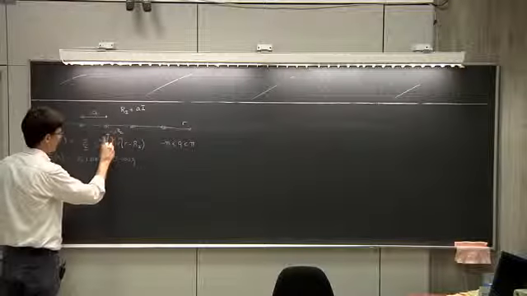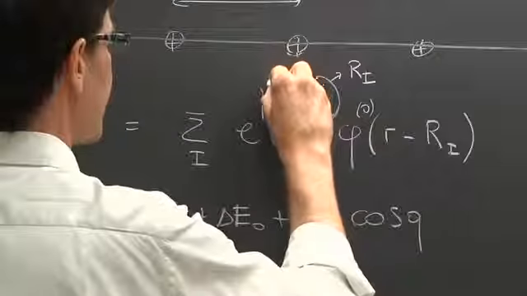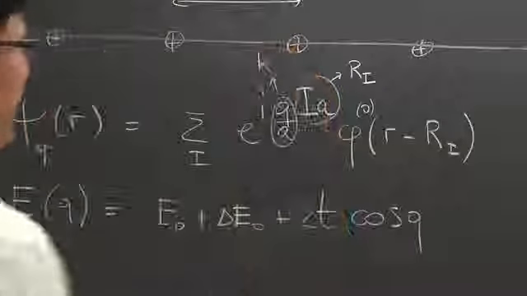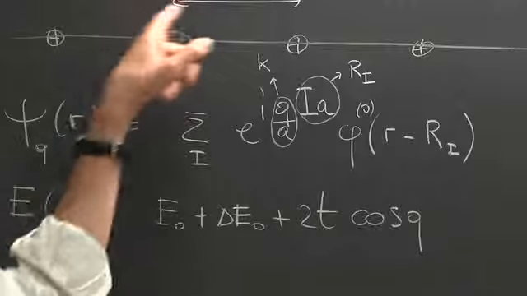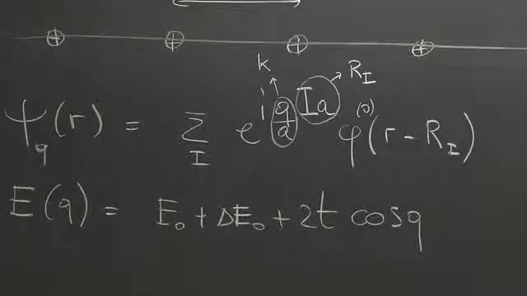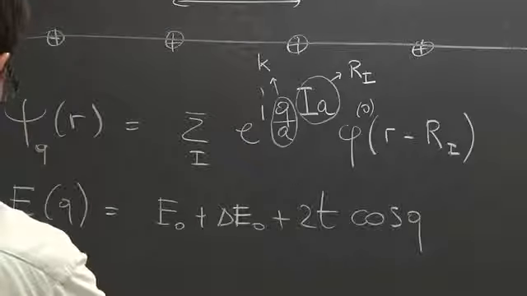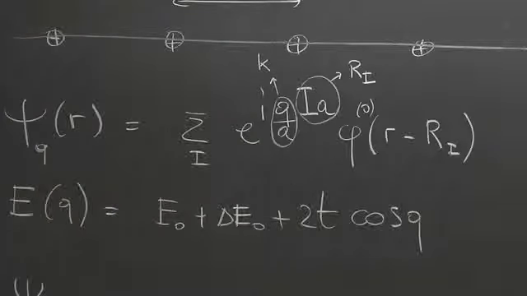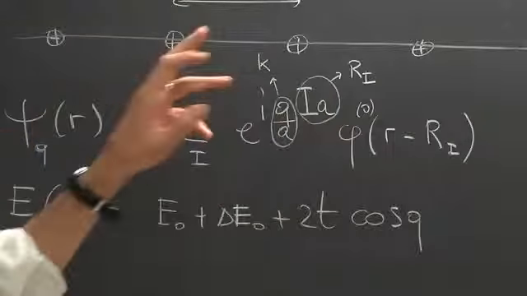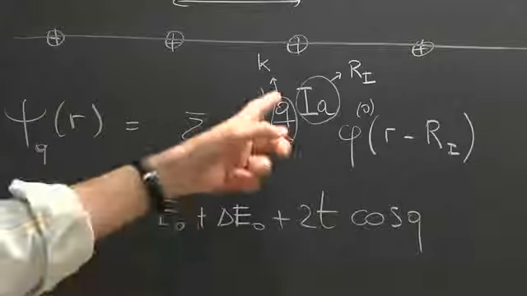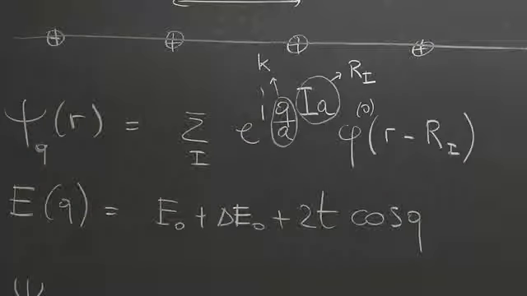And let me now call this object, instead of Q, K. A is a constant, the distance between the atoms. So instead of labeling the solutions in terms of this number Q, I'm going to label them according to this number K. It's the same, just scaled by a factor of A.